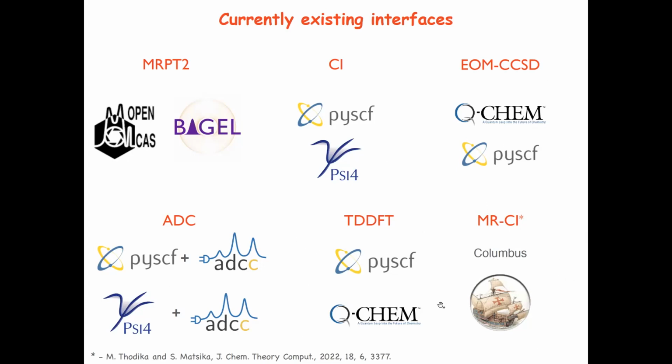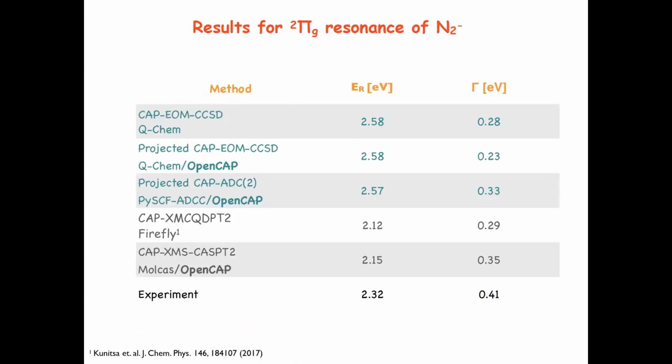So multi-reference CI, the original interface was developed by the group of Spiridoula Matsika, which we were very happy to see with Columbus. So now we have quite an extensive set of methods that one can use to describe electronic resonances, importantly, without any internal modification of existing codes.